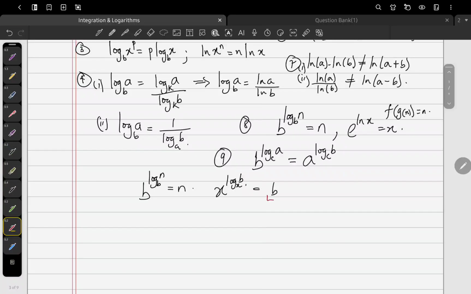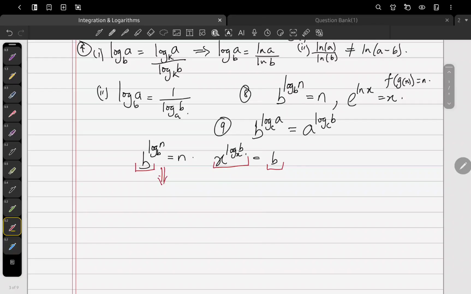So if I replace this b with this, then this is equal to x to the power of log b base x, that is our b, then to the power of log n base b, and that is equal to x to the power of log b base x times log n base b, and this is equal to n.